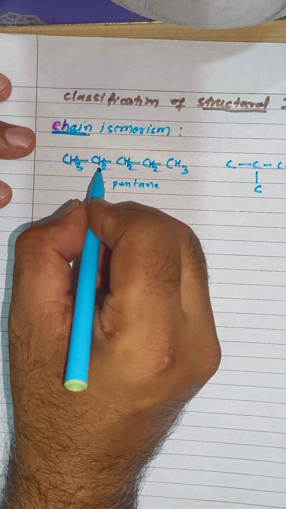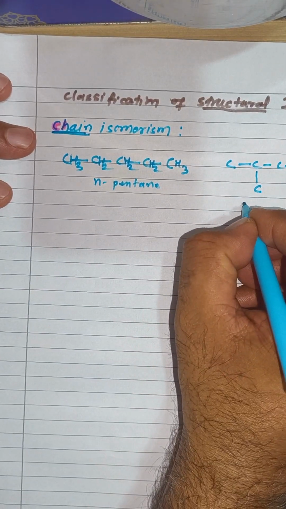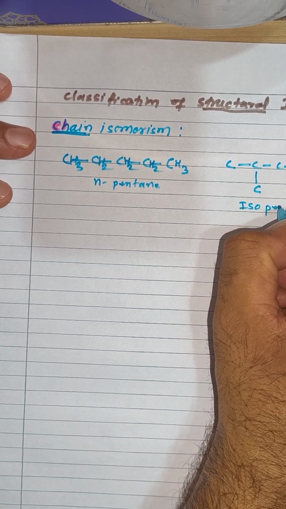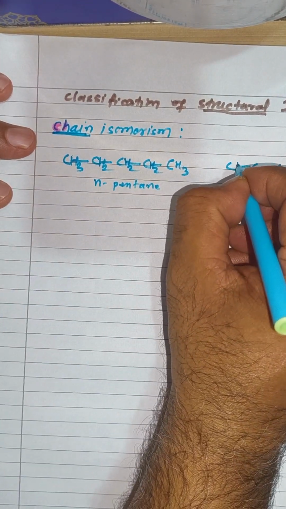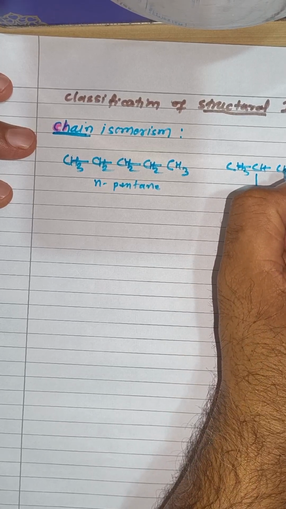This is again a normal straight chain, and here is the branch. With a branch, it is called isopentane. Both have the same molecular formula: CH3, CH, CH3, CH2, and CH3.